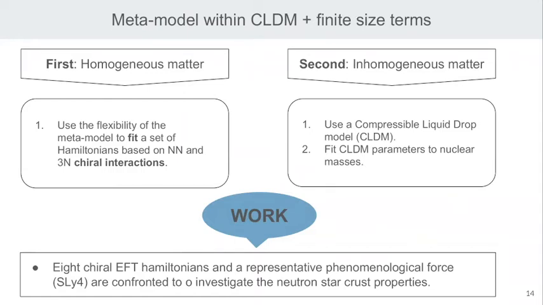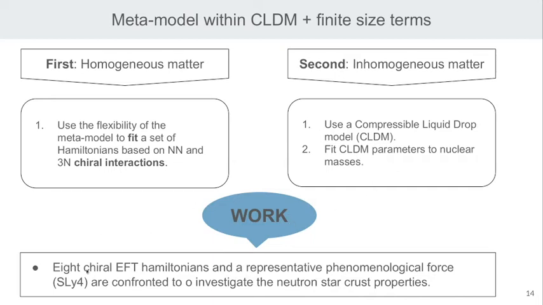So I will describe our work in two main blocks. First, the homogeneous matter, that is the use of the flexibility of the Meta-model to fit a set of Hamiltonians based on chiral interactions. And a second part on the non-homogeneous matter, that is the use of the CLDM and the fit of the CLDM to the nuclear masses.